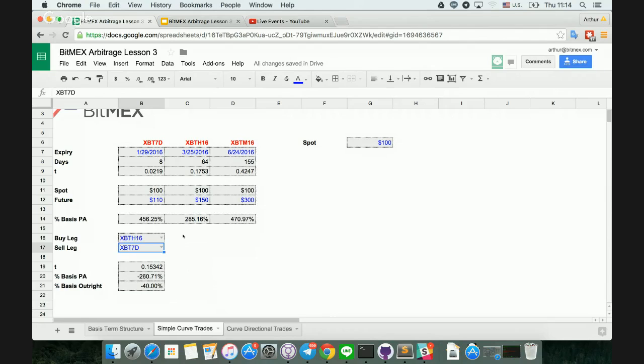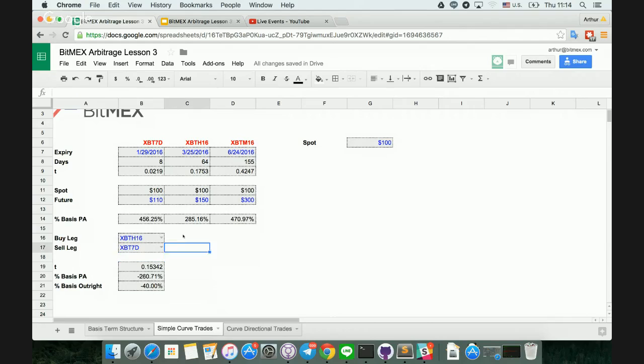So now we are selling the weekly contract and buying monthly. And as you see here, you're actually going to lose money on an outright basis on this trade.